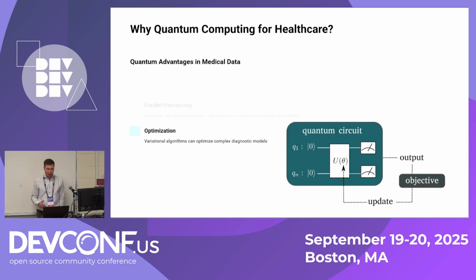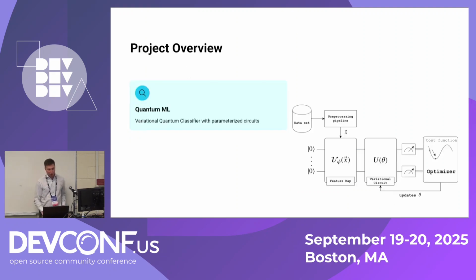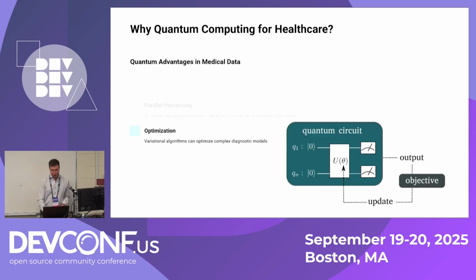That's the way that I like to describe it. And this is a more in-depth representation of that. At a high level, just look at it as a black box where you're learning some sort of weight, and then the weight is just encoded in the quantum system somehow.